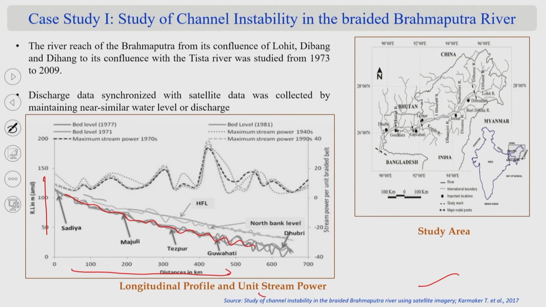These are the bed slopes and how they change over 700 kilometers of the Brahmaputra river. And this is how the high flood levels are changing. But if you look at the stream power per unit braided belt width, it changes like this.